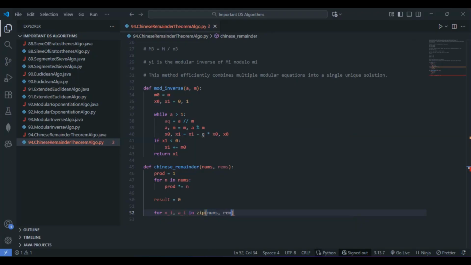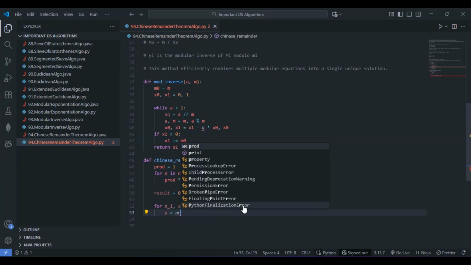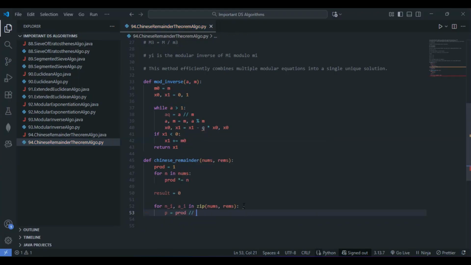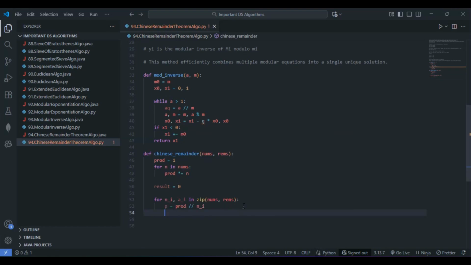Yep. We have considered rems, I believe, right? So now within the for loop, Mi is nothing but the total product by the current modulus, right? So I'll just go with p equals prod by n_i. Yeah, this one. Yep. So this is fine.